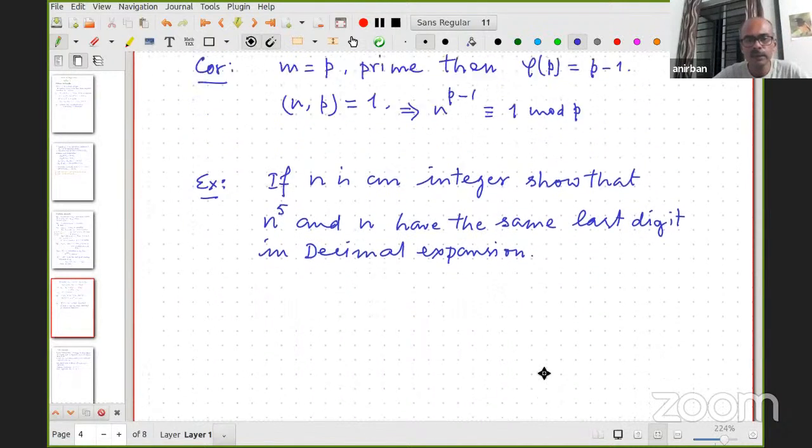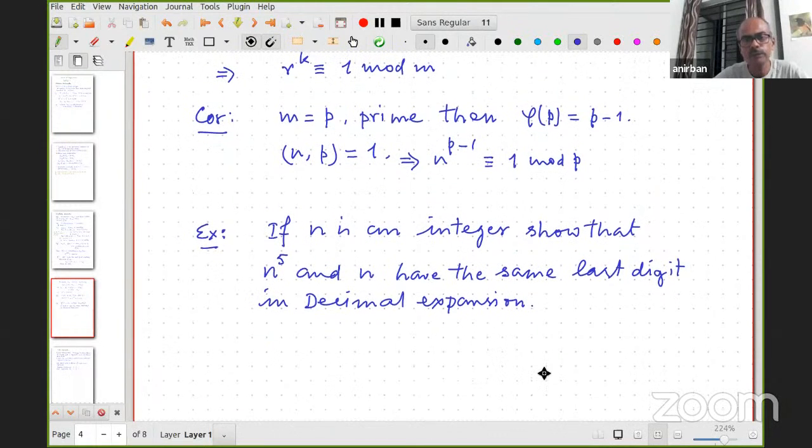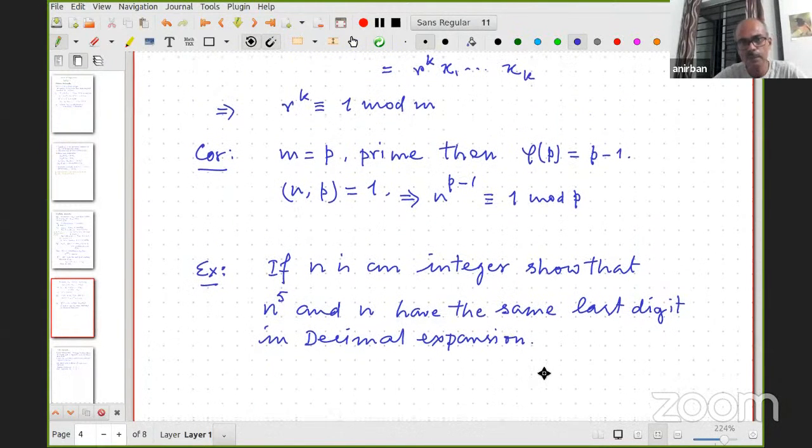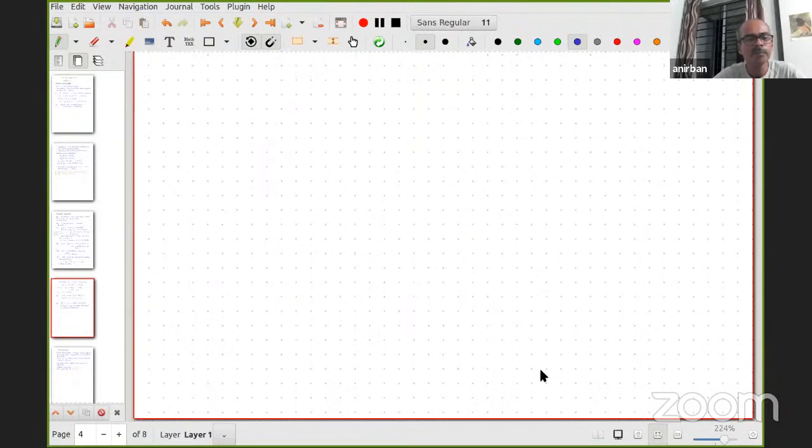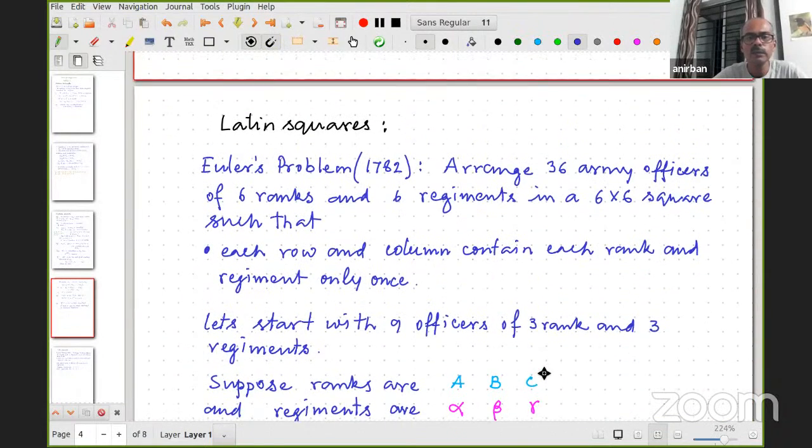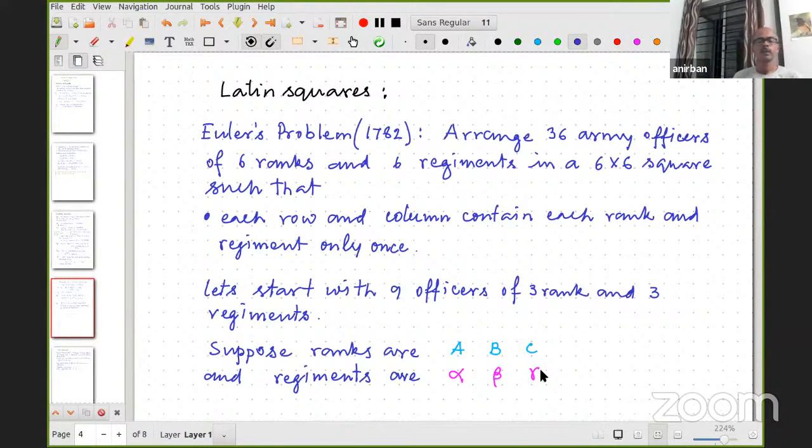So now we have sort of cleared out our notations about this Zm, this ring. And let's go to some combinatorial problem. It's called Latin square. So I would explain what it is.